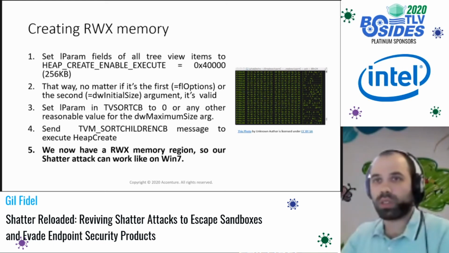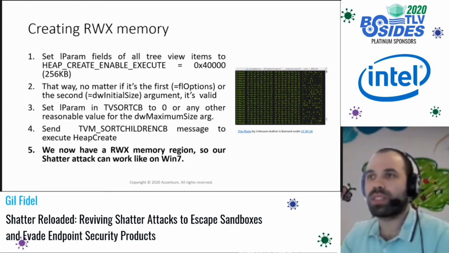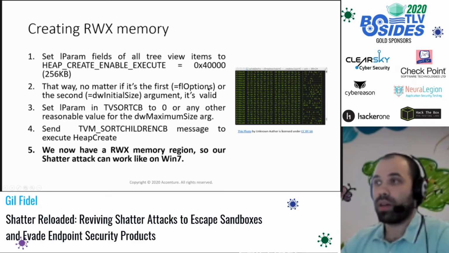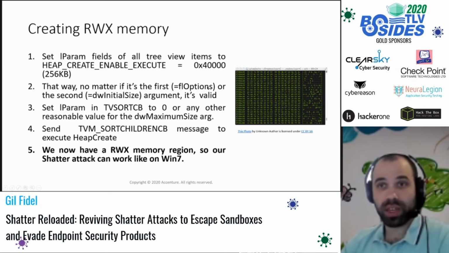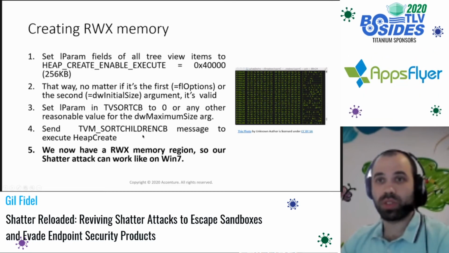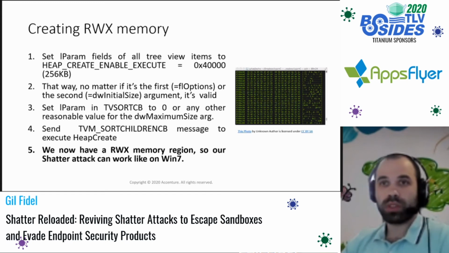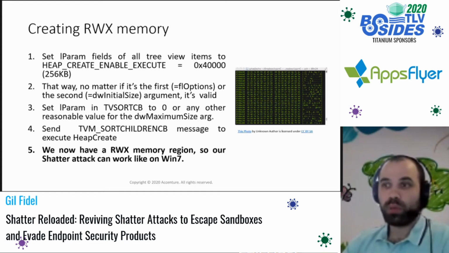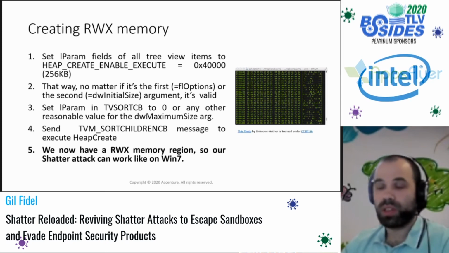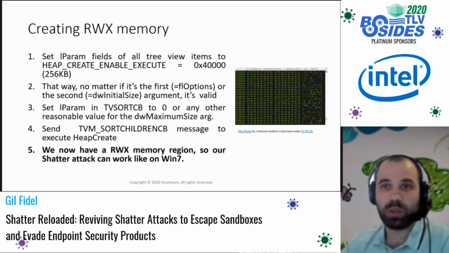We said that we cannot really control the order, but we can simply pass this same value in both of them and it would work. And then we were able to call HeapCreate using the TVM_SORTCHILDRENCB trick. We were able to create an executable heap, which means we now had read, write, execute memory, and we're back to the same scenario as on Windows 7.